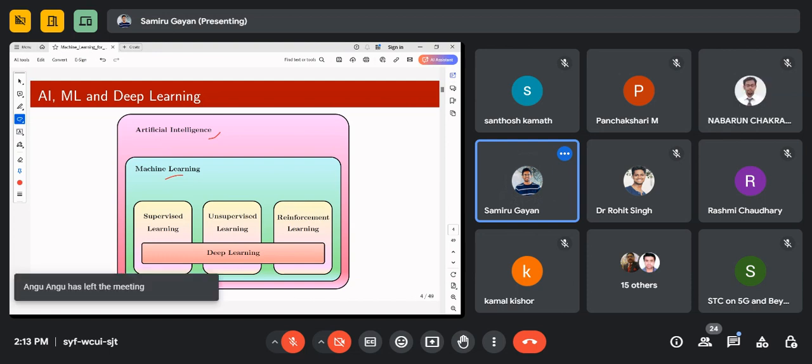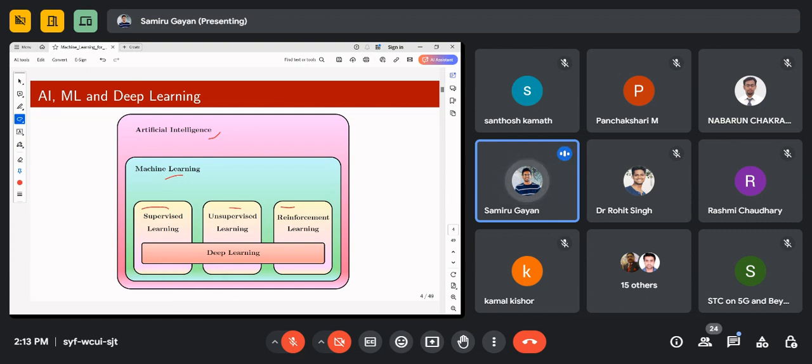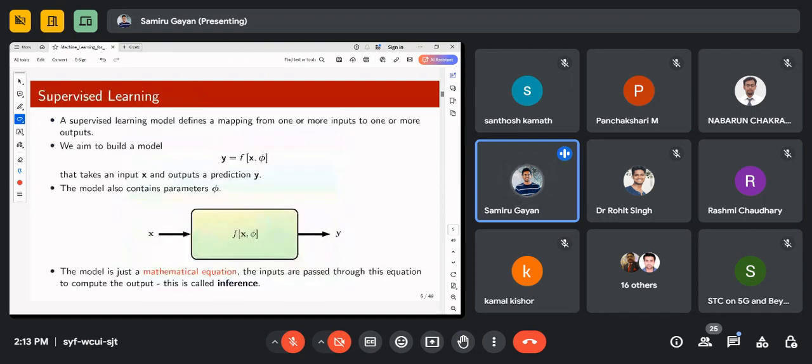This machine learning, or fitting the data, can be done in three main ways: supervised learning, unsupervised learning, or reinforcement learning. And we'll see later that all these things we can do in deep learning, which means we need to have more than two hidden layers. We'll discuss that in a short while.